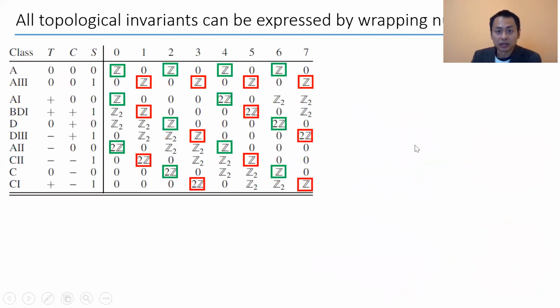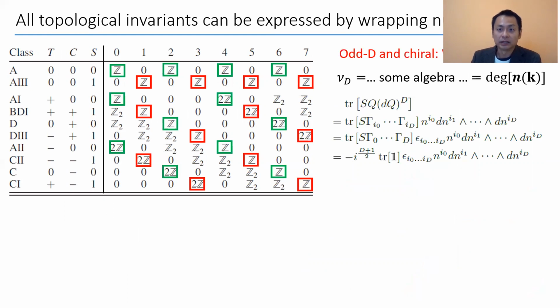Now, you can go ahead and do the straightforward calculation in the odd dimensional case with chiral symmetry. After some algebra, you can show that this winding number is equal to the degree of the map that we propose. The calculation is very simple. You just prove that the integrand in the winding number is equal to the cyclic derivative of the n vector.